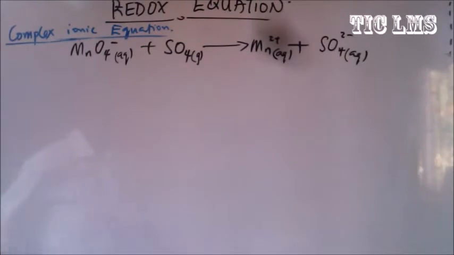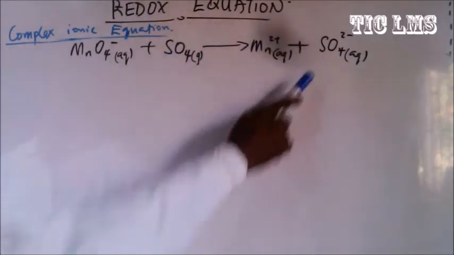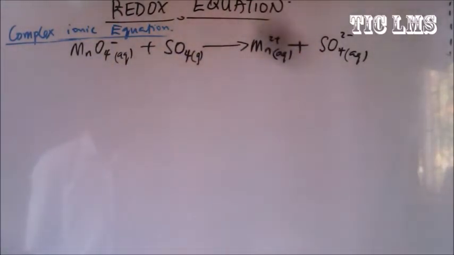Alright, next we want to balance this redox reaction in an acidic medium using the ion electron method. When we take a close look at this reaction, there is the presence of oxygen on both reactant and the product side. And so for us to work this out, we'll need to add water and hydrogen ion to both sides of this reaction at a particular point in time.